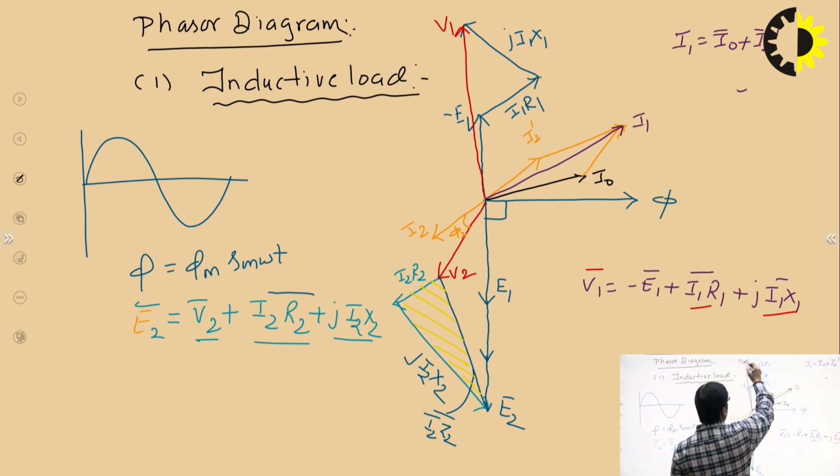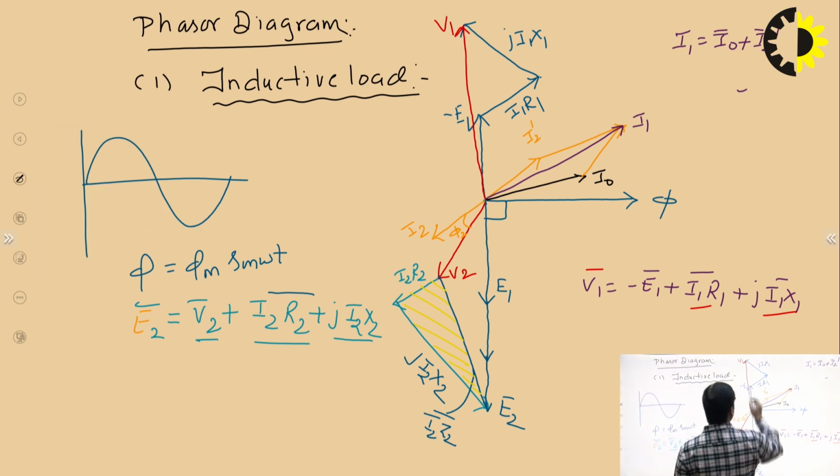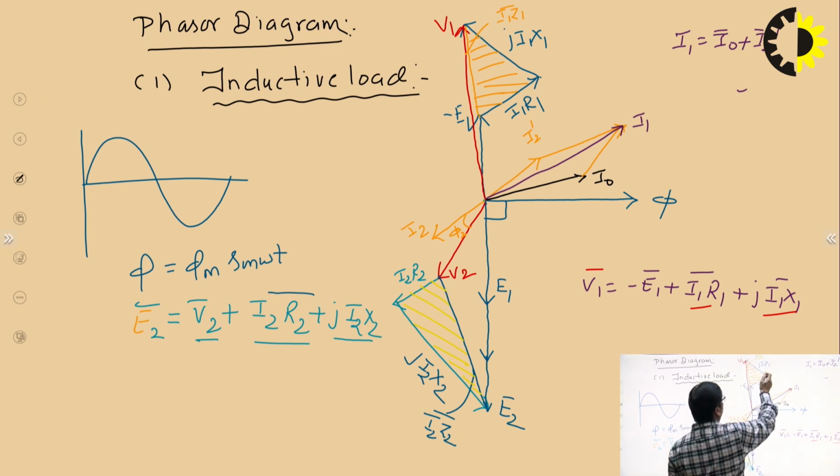So now again, if you draw the triangle on the primary side, I'm just highlighting this with a different color. This triangle is the voltage triangle, and this is nothing but the I1 Z1 drop.